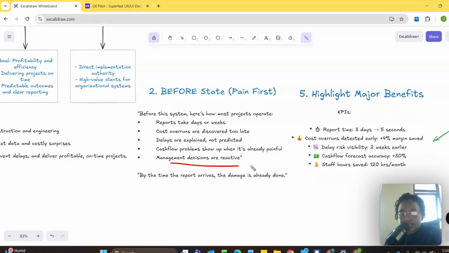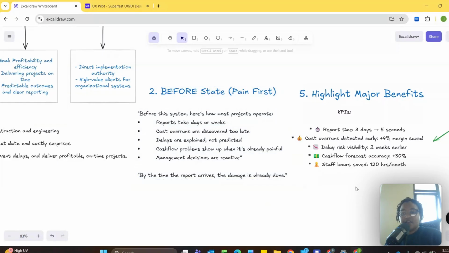Management decisions were reactive. Now staff hours will be saved, and this will impact the performance of the team. So you understand this is how you can link to the previously analyzed pain points, and the client can see the major benefit and the impact on their system at large.